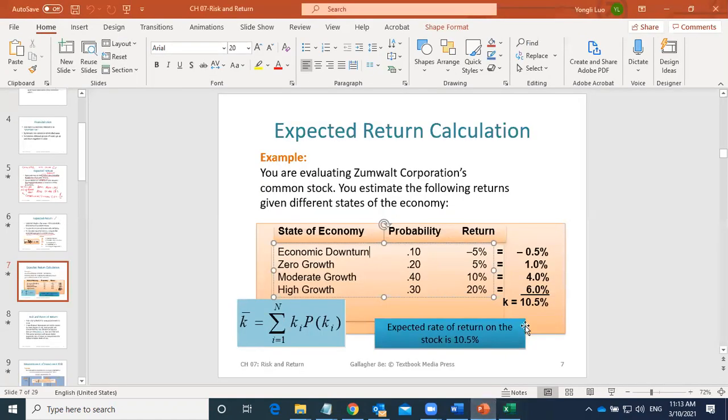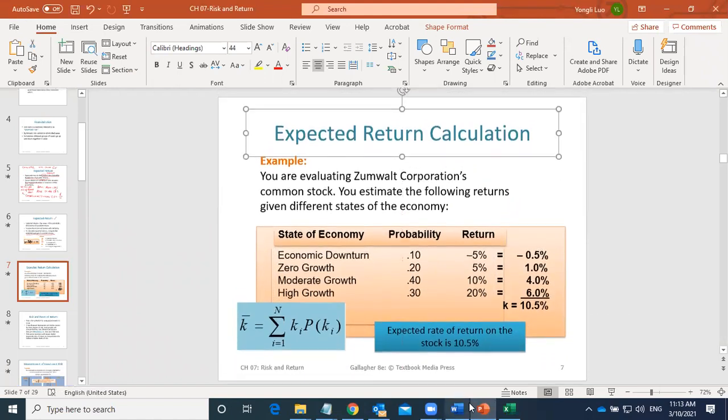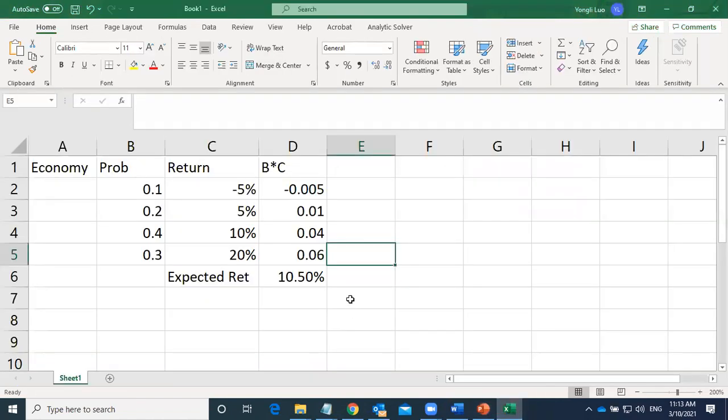That's exactly what we got here. This is the way I show you how you get the expected return. You just use the formula.